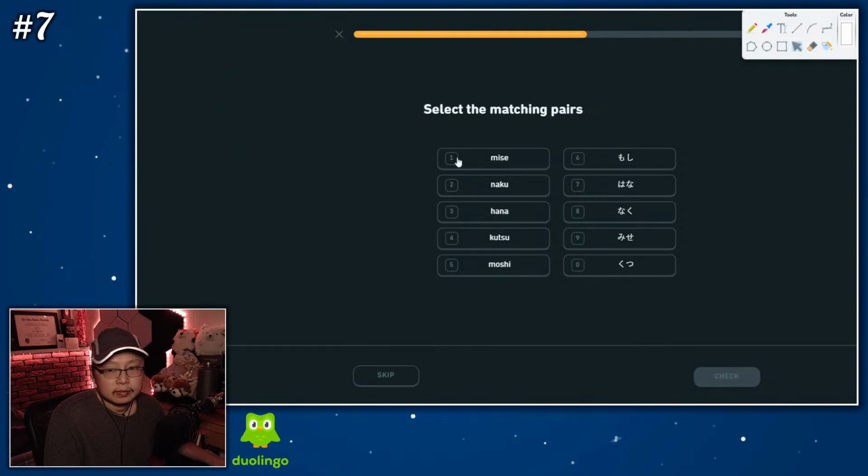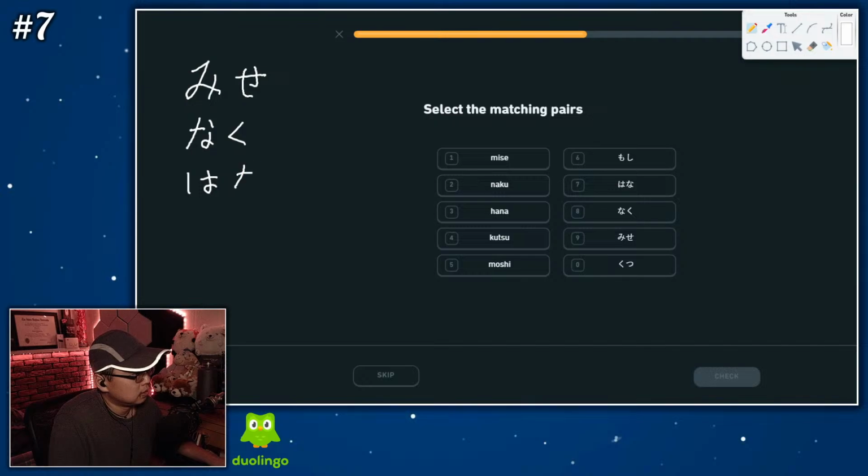Let's try this again. Let's do mise, me, mise, na. Ku.